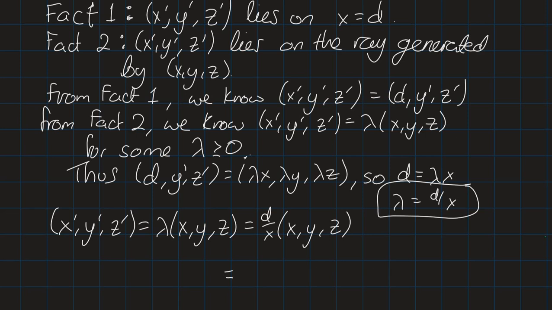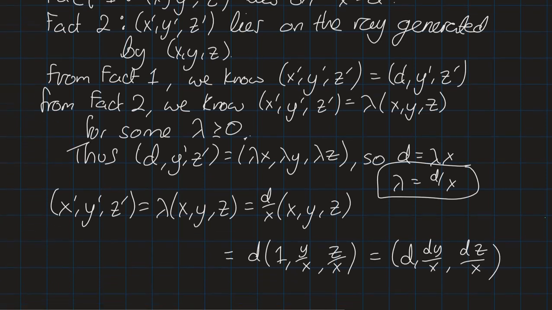Because lambda is equal to d over x, and we know that x prime, y prime, z prime is equal to lambda times x, y, z, this is equal to d over x times x, y, z. If I multiply this through, I could leave the d outside and multiply by the 1 over x to get 1, y over x, z over x. Or if you want, you could include the d and write d, dy over x, dz over x.